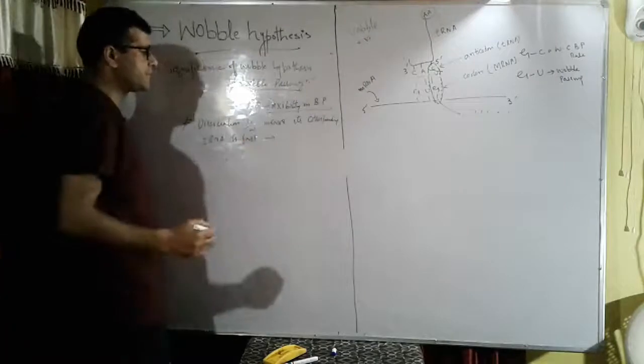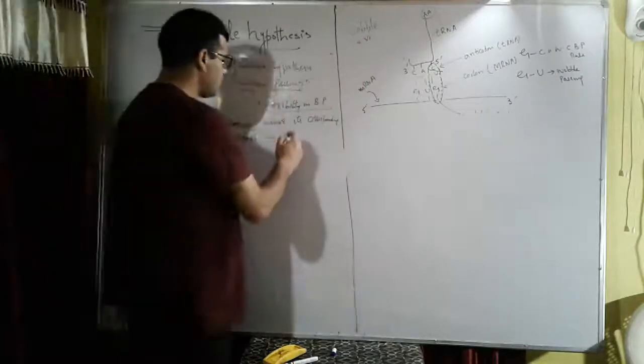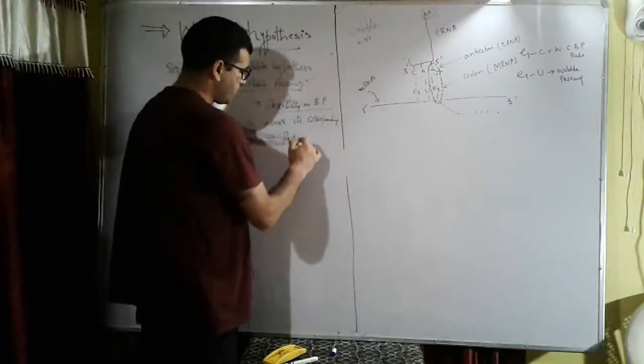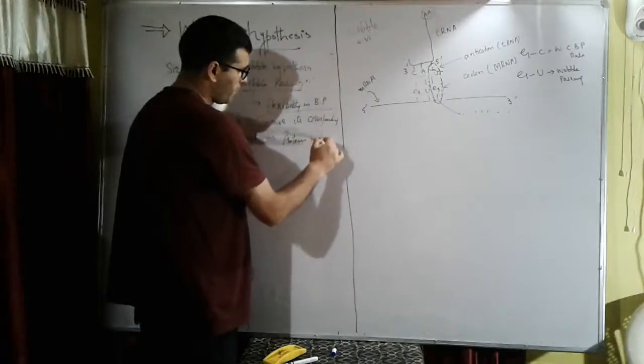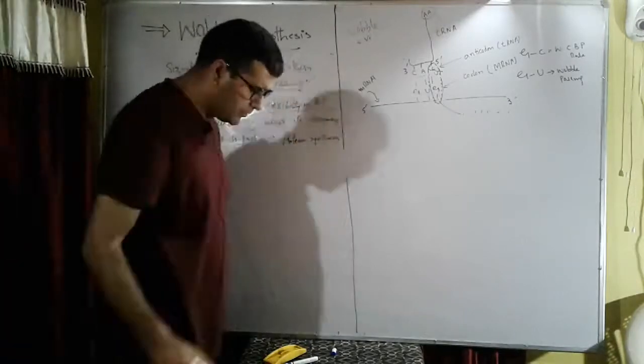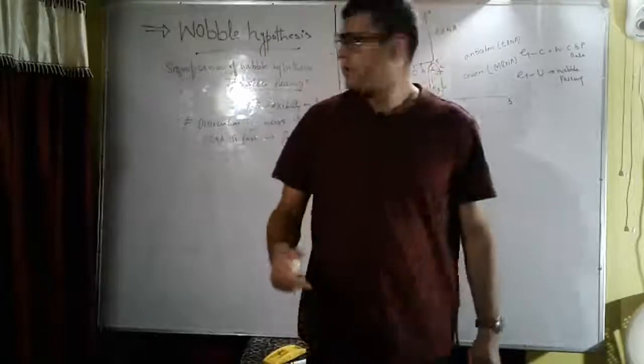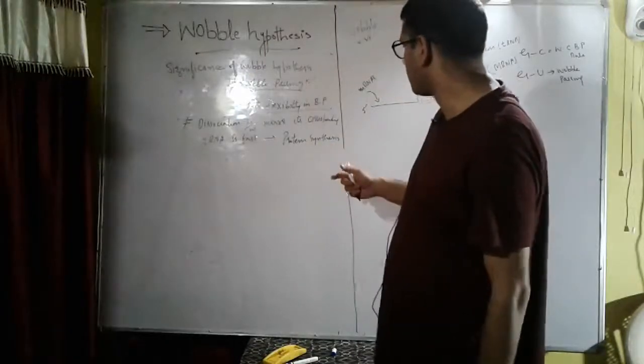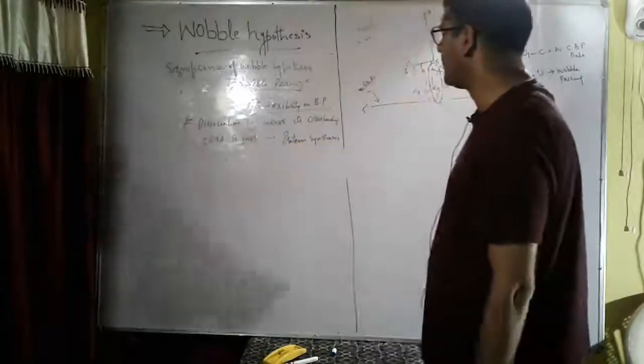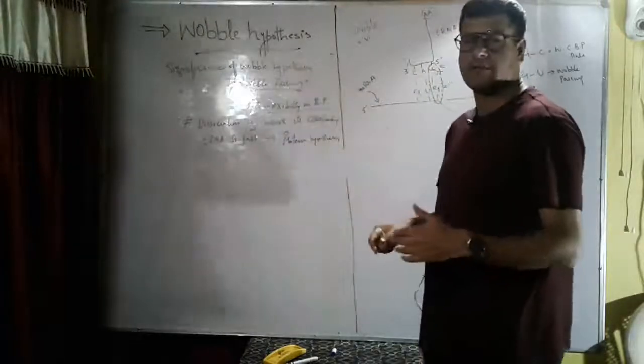And this facilitates protein synthesis. What I mean to say is that dissociation between mRNA and its corresponding tRNA is fast.